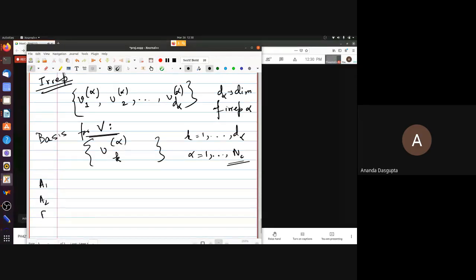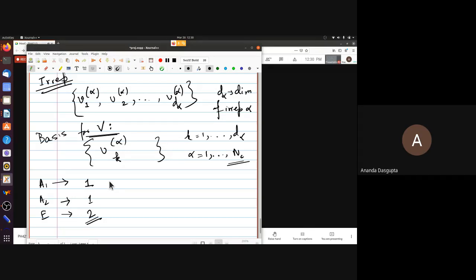A1, A2, and E. How many basis vectors does a space which carries A1 have? One, because A1 is a one-dimensional representation, right? It can have only one. A2, how many? One. And what about E, the third representation? Two, of course. So you have 1, 1, and 2, right? But that gives you only 4.